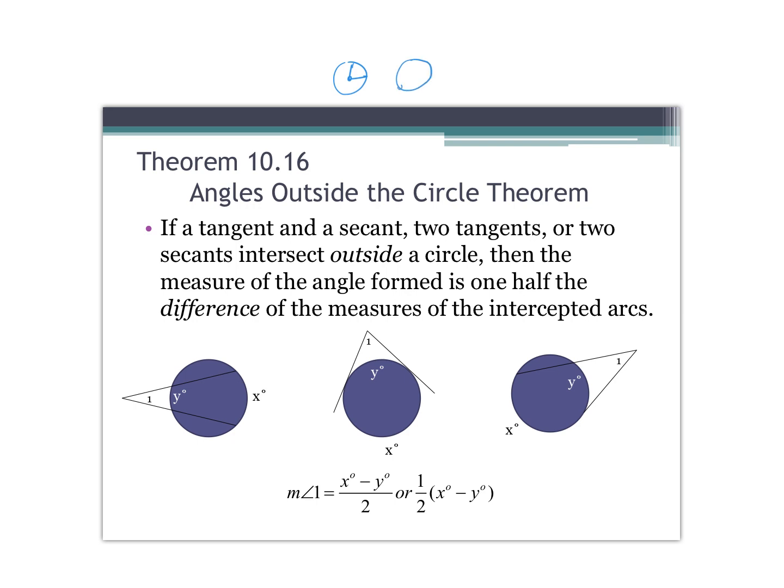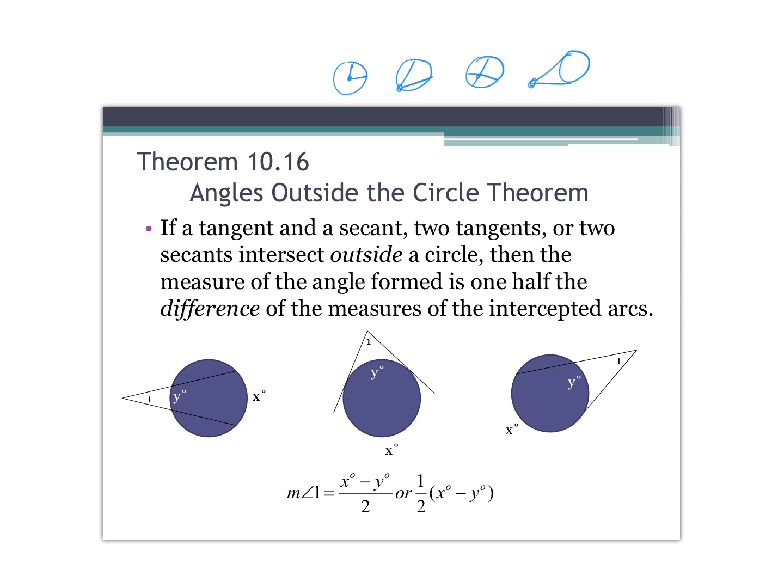Then we did inscribed angles where the vertex was on the circle. Then we did the vertex inside the circle, but not in the center. And now we're talking about two lines that meet outside the circle.